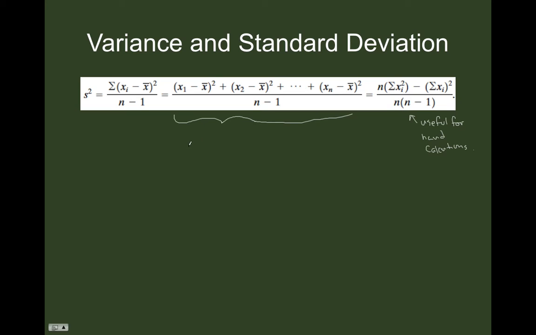I want to take a minute and go through the algebra steps to show you how the numerator, which is (x1 minus x bar) squared plus (x2 minus x bar) squared plus dot dot dot plus (x sub n minus x bar) squared, is equal to n times the sum of x squared.